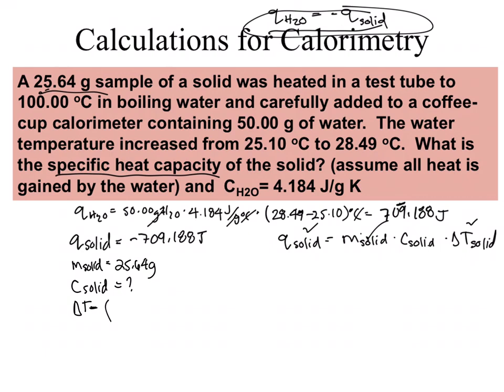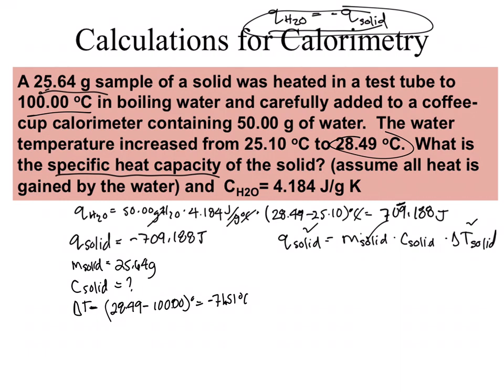So we know that the initial temperature of our solid is 100 degrees C, and we know that the final temperature of the solid is the same as the final temperature of the water inside the calorimeter. So 28.49. So final 28.49 minus 100 degrees C gives us negative 71.51 degrees C as our change in temperature for our solid.